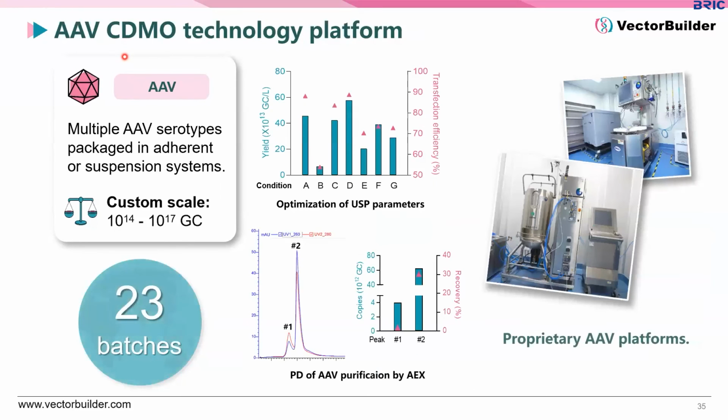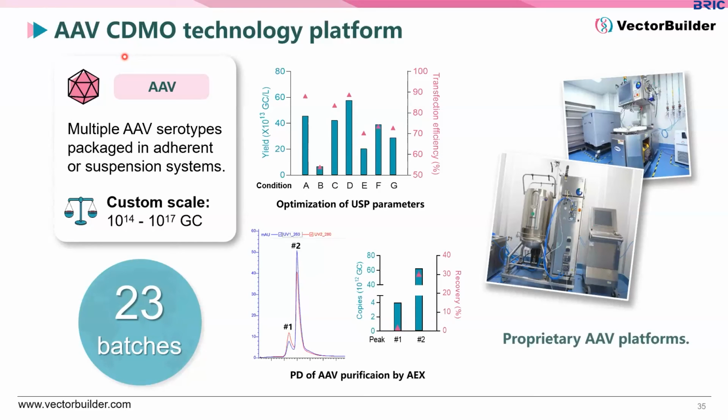On the other hand, our main character here today is AAV. Our CDMO department has developed the process for all the well-known serotypes, and they have provided 23 batches of AAV vectors that are being used in preclinical studies and human trials.